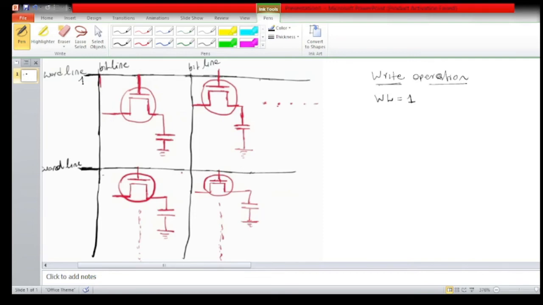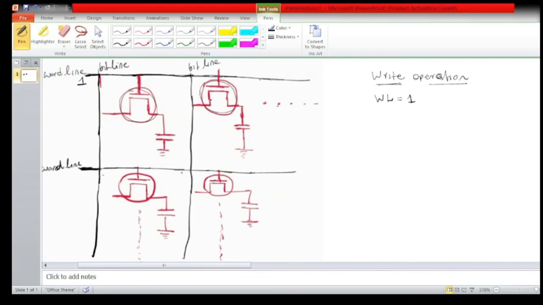This line is 1, which means that you are getting a higher potential in this line. 1 stands for the maximum value or the high potential, and 0 stands for ground. So we are applying a higher potential here, which means that these transistors are in the on state now.